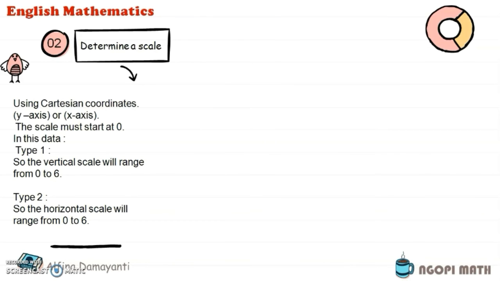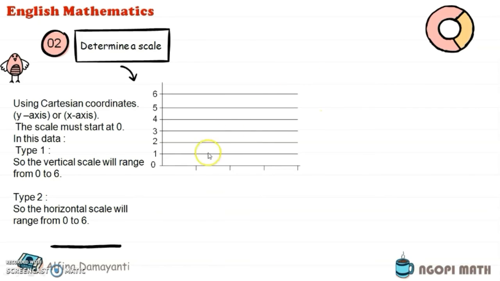Second is determine a scale. Using Cartesian coordinates, the y-axis of the scale must start at 0. In this data, type 1, the vertical scale will range from 0 to 6.